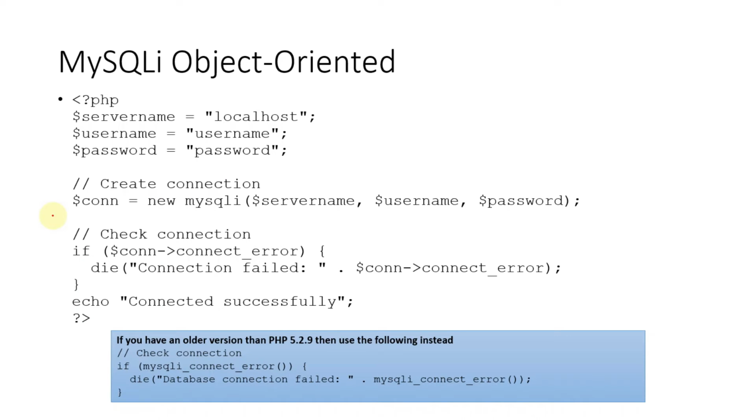The first one is MySQLi object oriented. In this we need an object to create the connection. So this object actually requires three things: the server name, username, and password. We can use three variables for giving these three values to the MySQLi object. You can also type the values directly here instead of using variables.